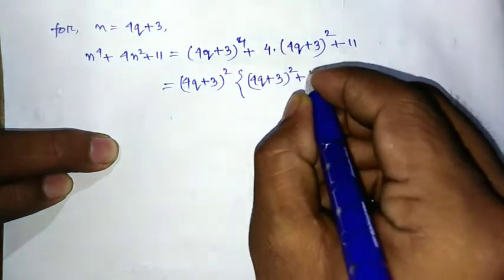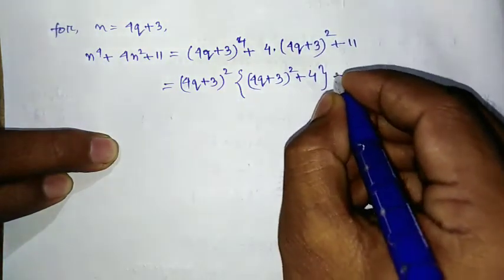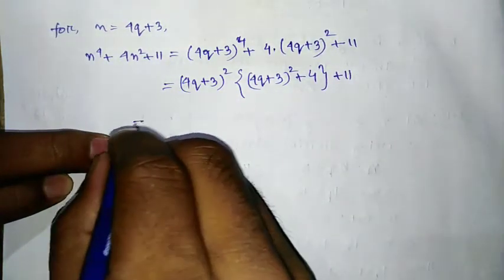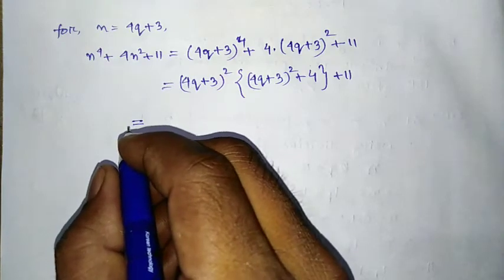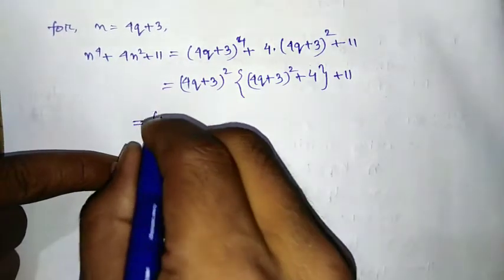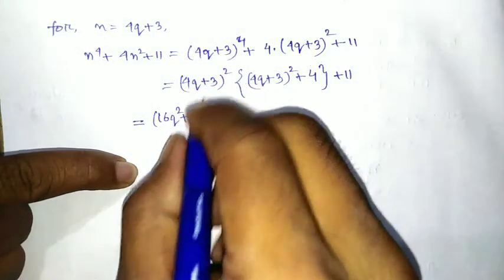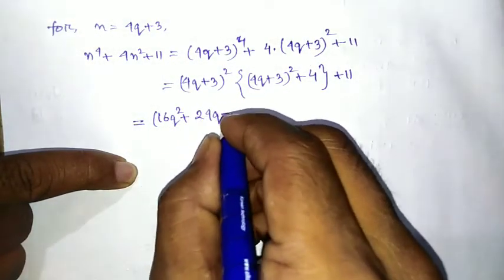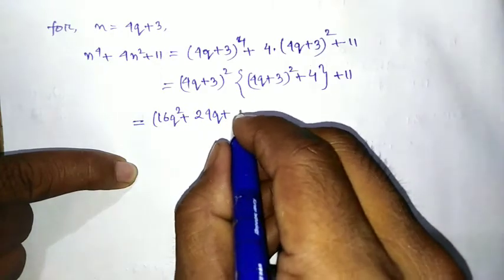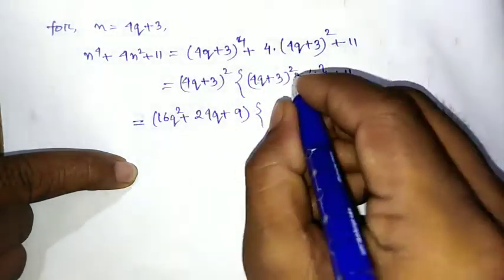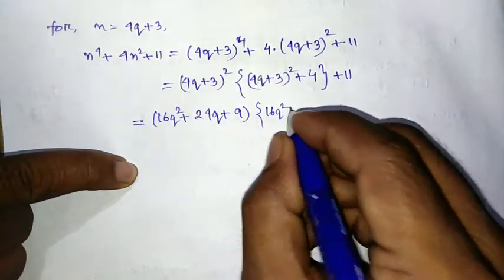Put the value: (4q+3)^4 + 4 into (4q+3)^2 + 11. So again here (4q+3)^2 is common, so (4q+3)^2 is common.